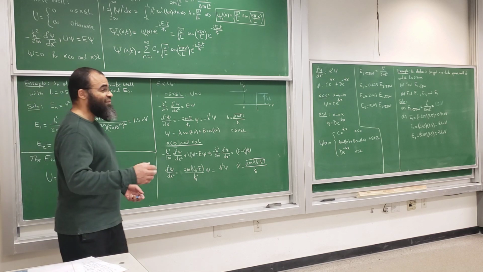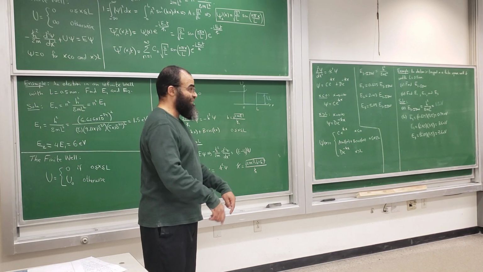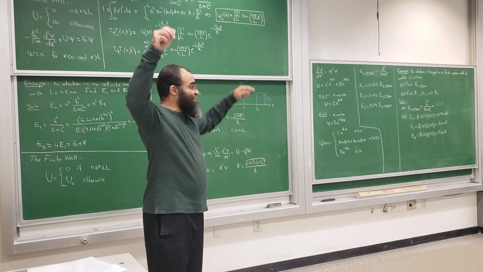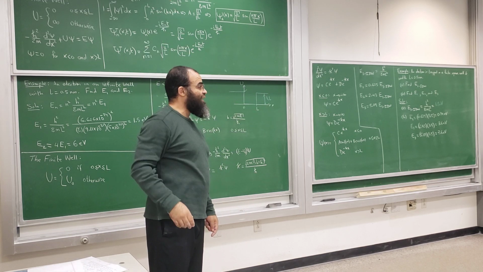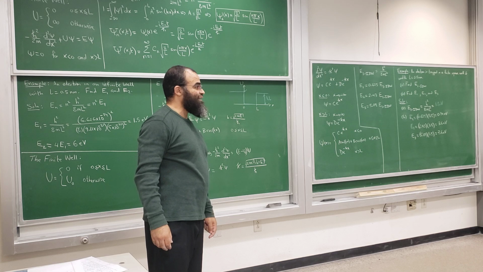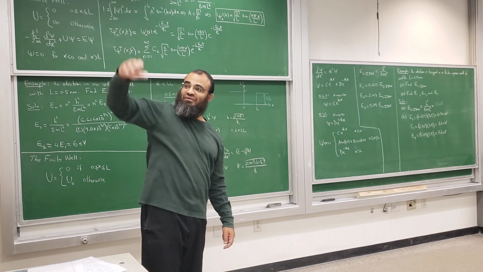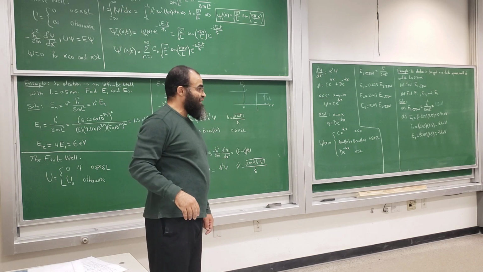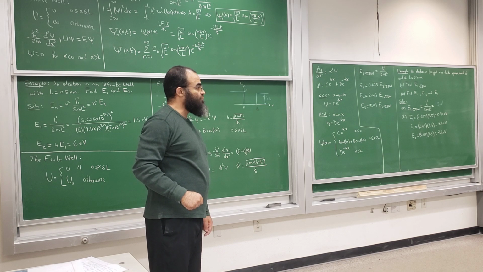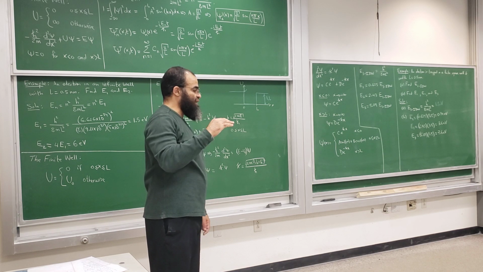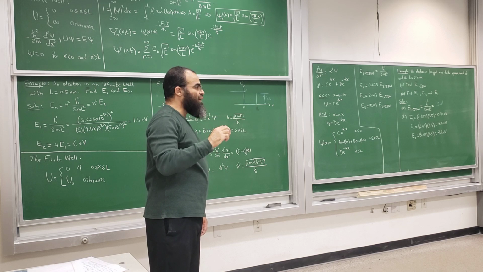Imagine you're inside a well and you want to climb the walls to get out. The height of the well is U naught. Let's say this classroom, the height is 4 meters. So in this case, is U naught our highest energy level?